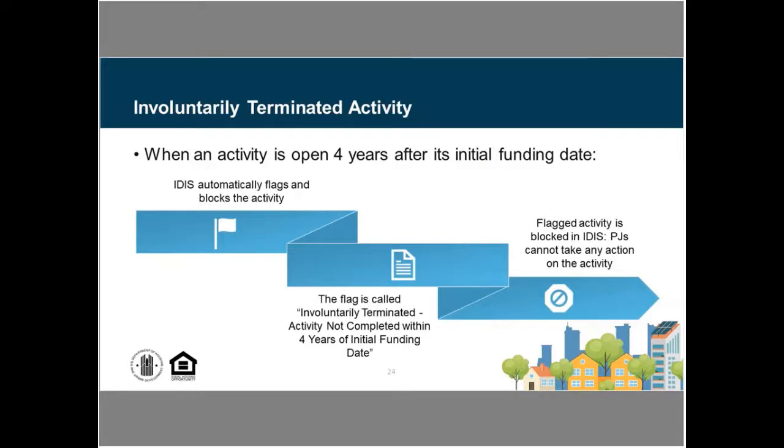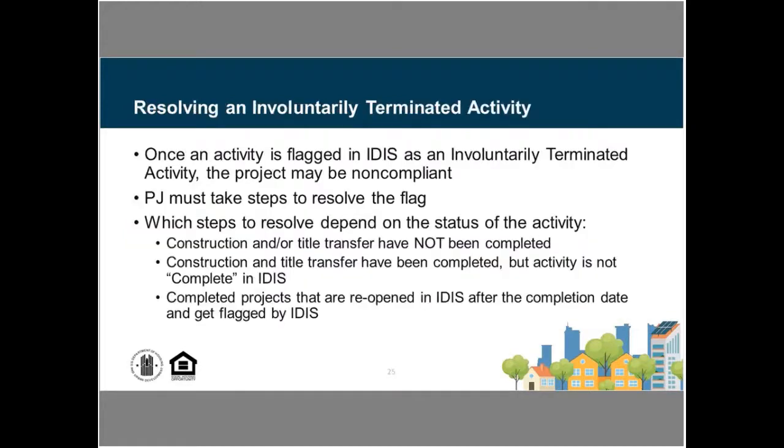And so that flag will be in place, and the project will have been involuntarily terminated. So that really stops the PJ from being able to do anything further with this project without working with HUD. And we will talk about some of the resolutions that might be able to happen.